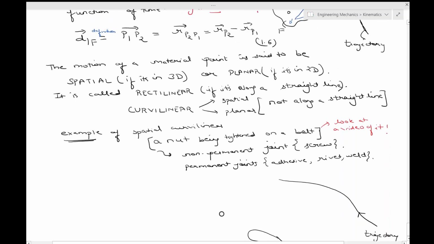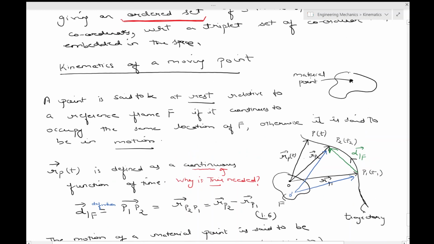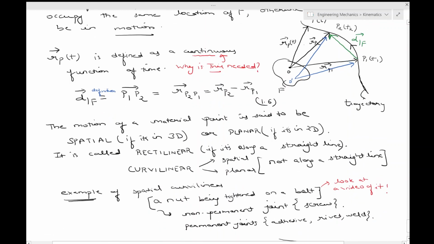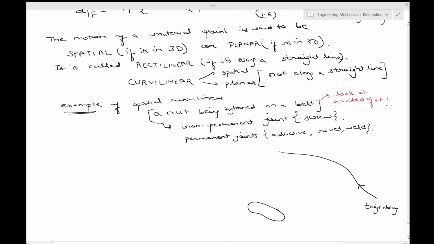Remember, we are not assuming that the whole body is assumed to be a point. We are referring to a whole material itself, and then our interest is only in this one point. It can be another point, can be a third point, but any one specific point. The whole rigid body is not being assumed into one point. So that's the trajectory, and let's draw a few of these.